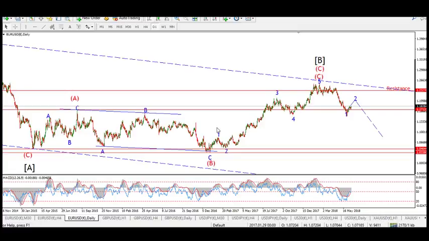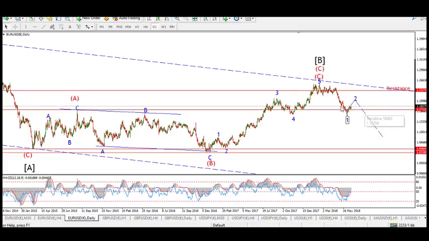Since then, we've had 5 waves up in C. That 5-wave pattern met the upper trend line and has been pushed off that trend line since the February high. So 5 waves up suggests that wave C of B is complete, and now we should start heading down in wave 1 of C.